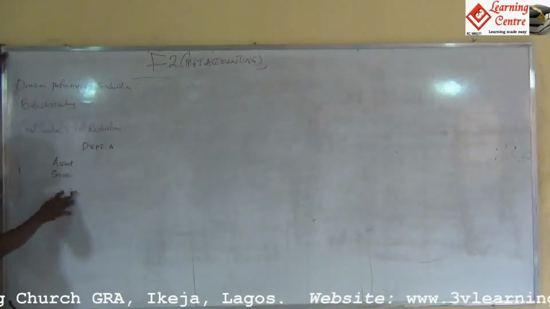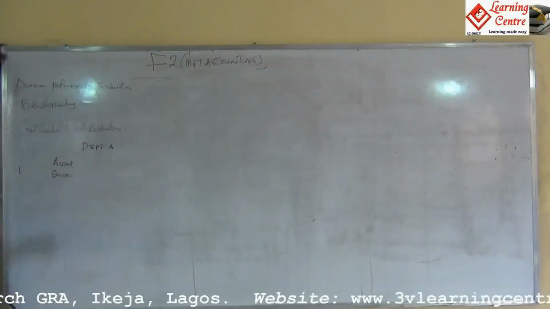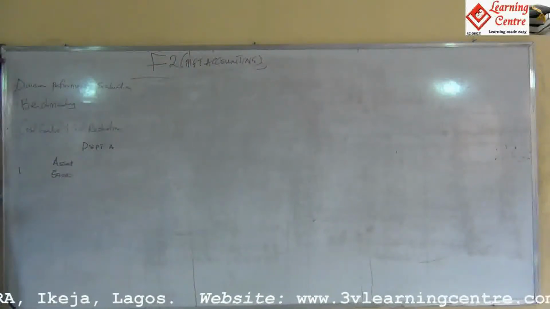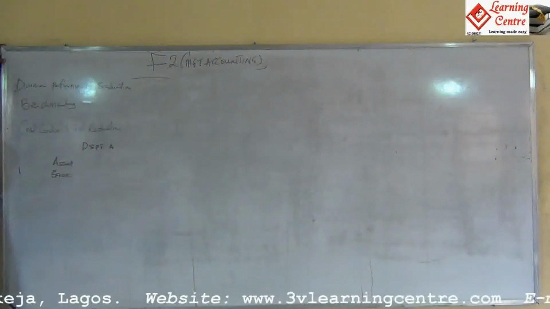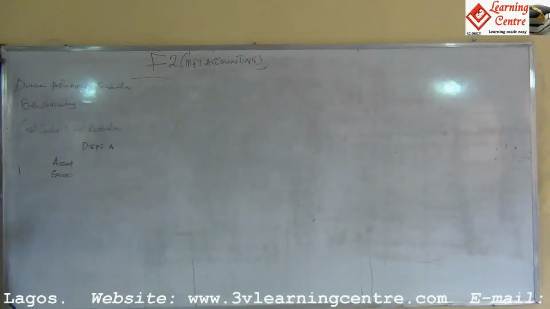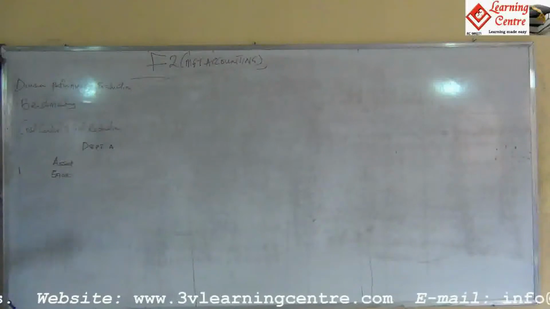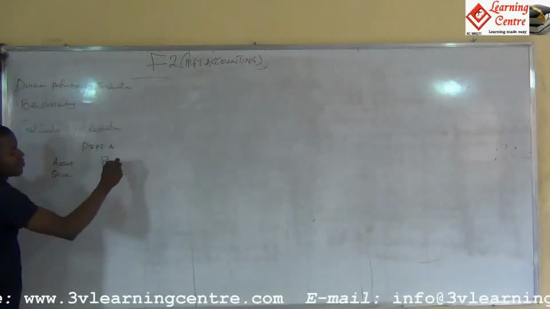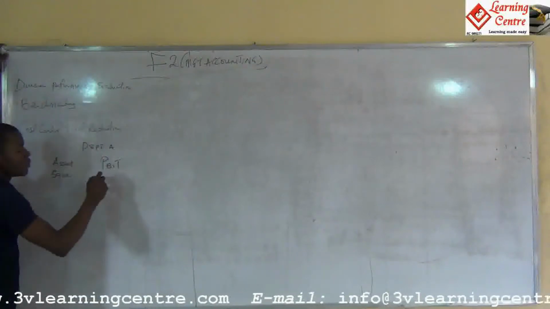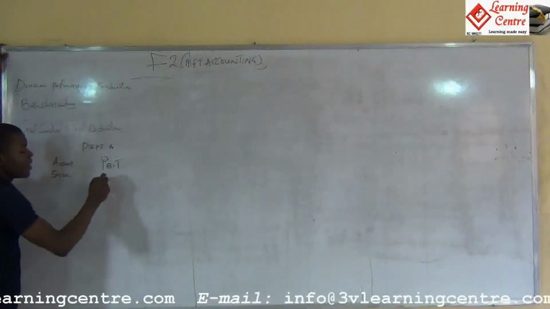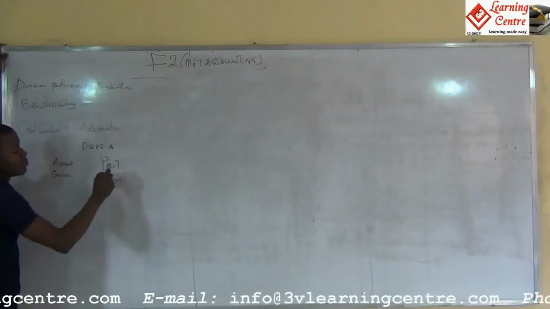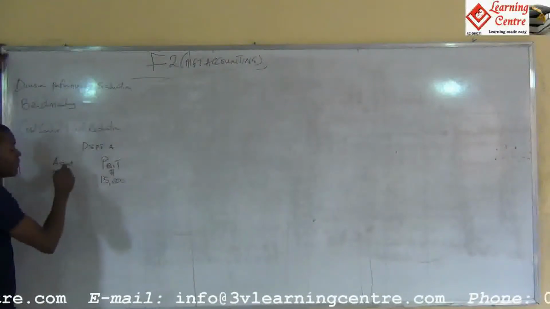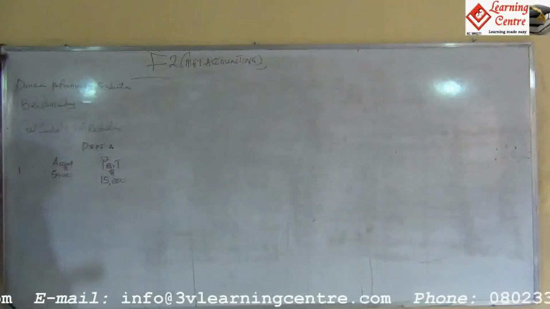This asset is depreciated over 5 years. Now, after removing depreciation, it is able to generate a profit of $15,000 every year. Are you with me?